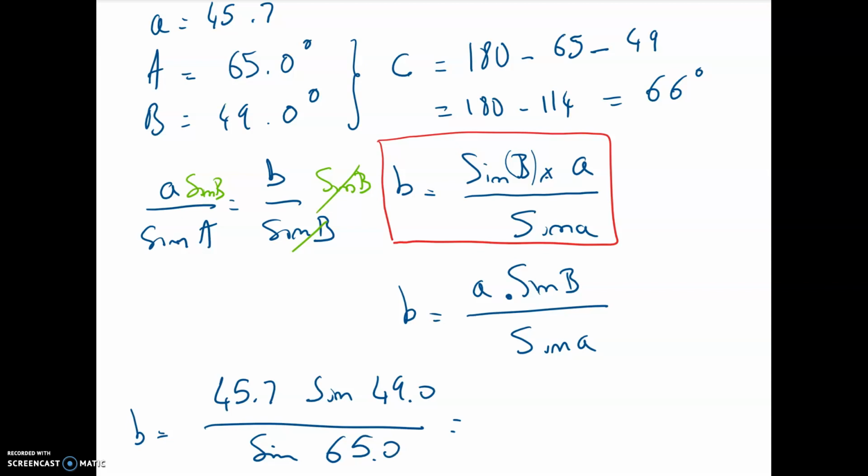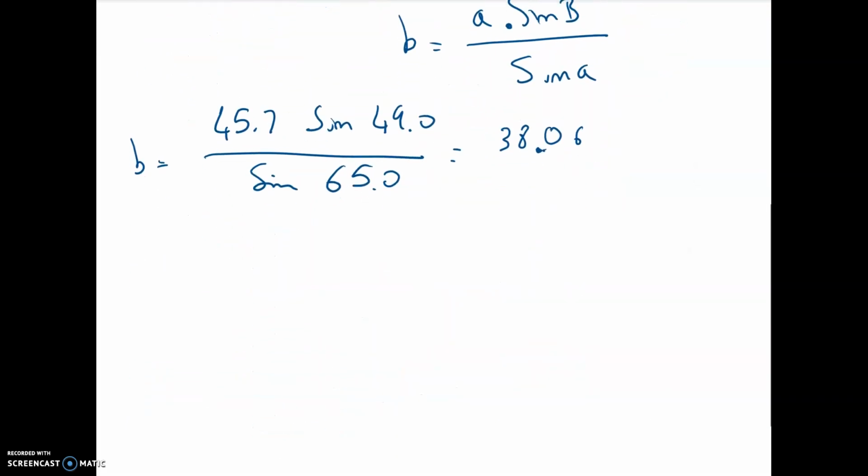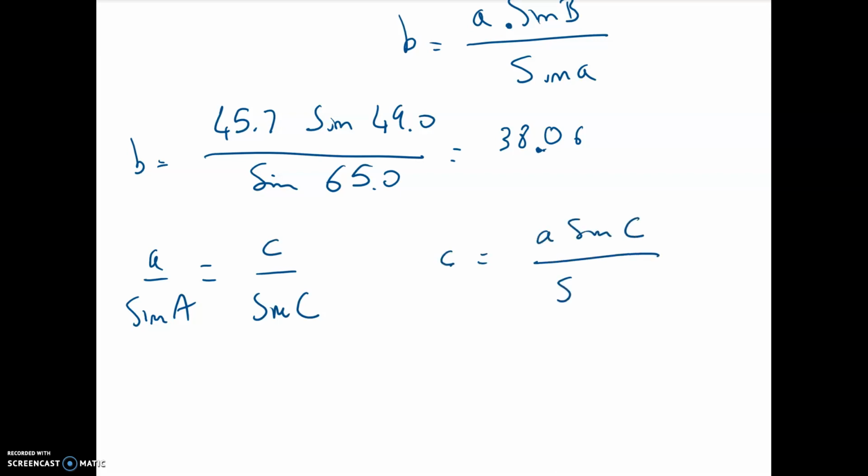And I end up with a value of b equal to 38.06. I can also use the law of sines to write that a over sine A equals c over sine C. So therefore c will be equal to a sine C over sine A.